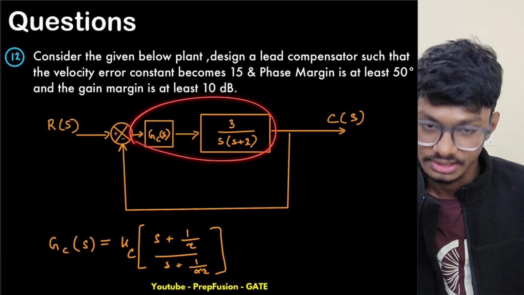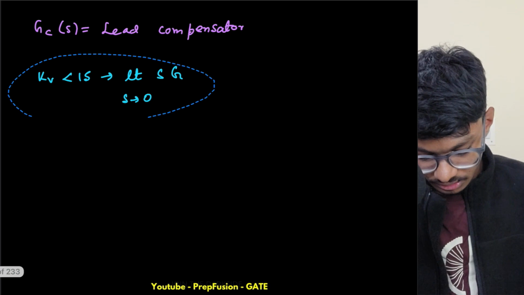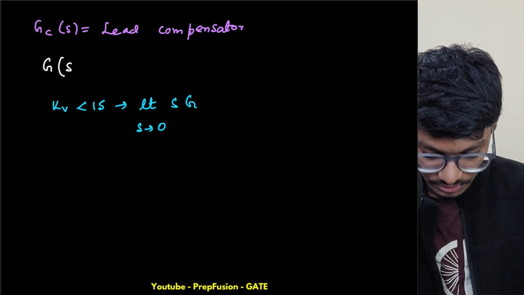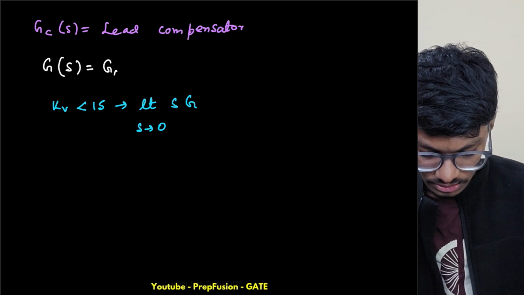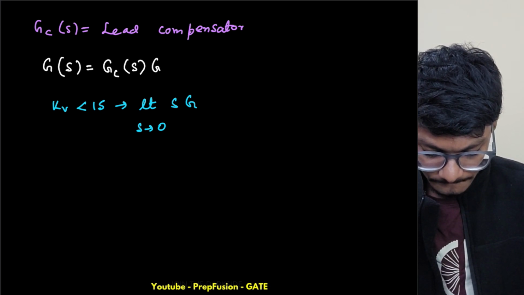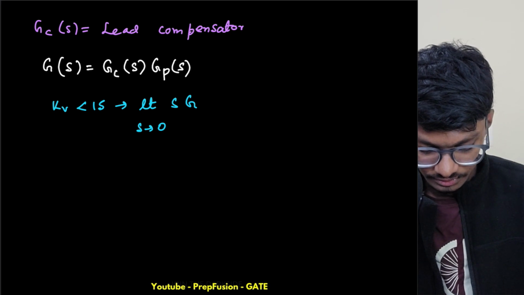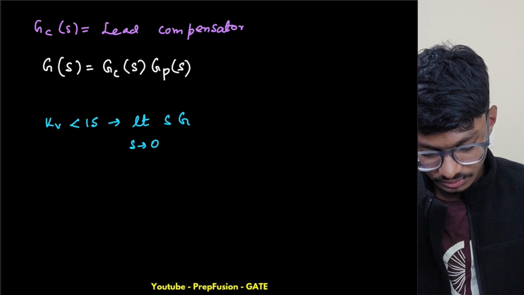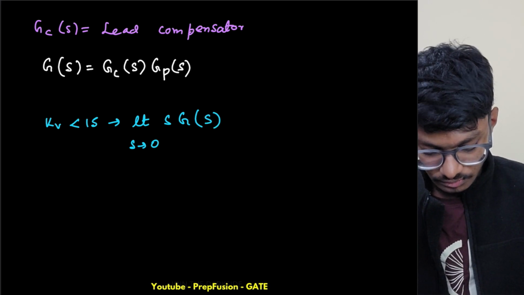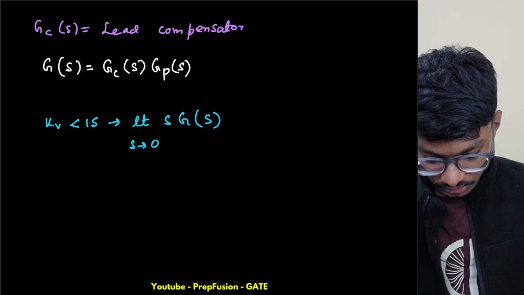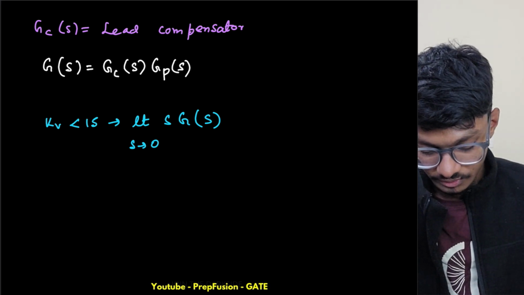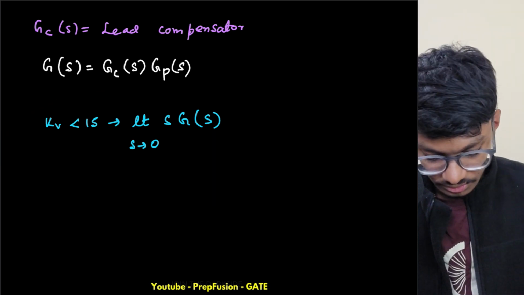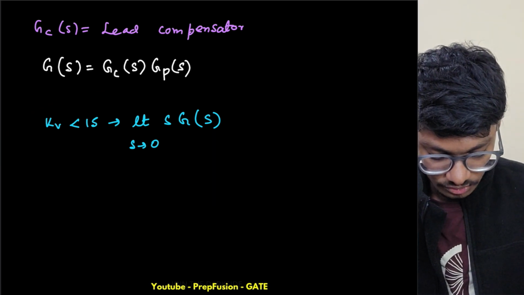Let me first write that G of s equals GC of s into GP of s. So the limit as s tends to 0 of s G of s, where G of s is equal to GC into GP of s, has to be 15. So this condition is given.